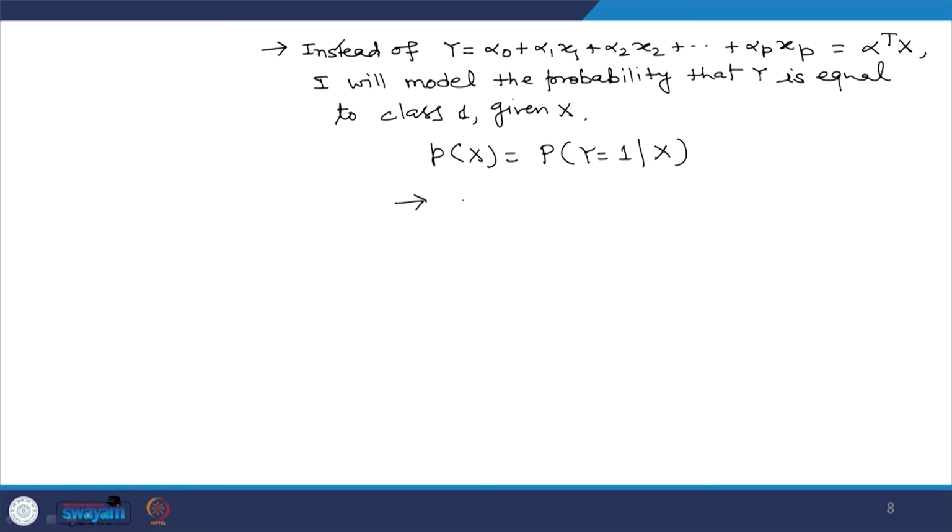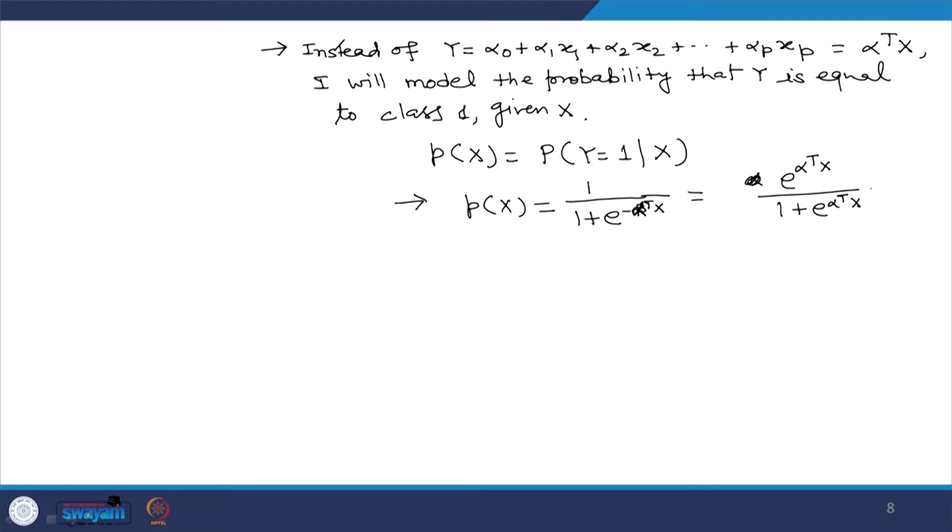Then I can define p of x, here in the logistic model or logistic regression, as the sigmoid function, that is e raised to power alpha t x upon 1 plus e raised to power alpha t x.